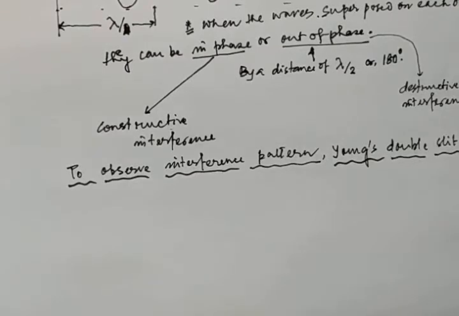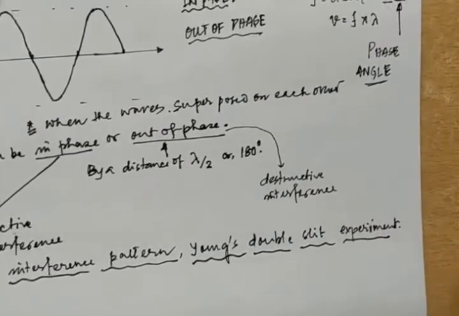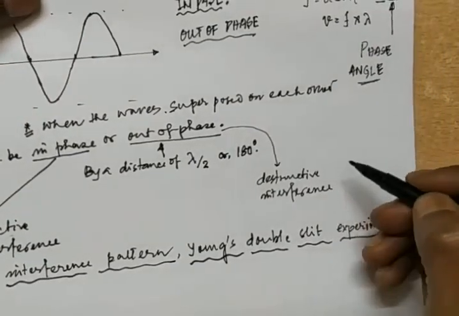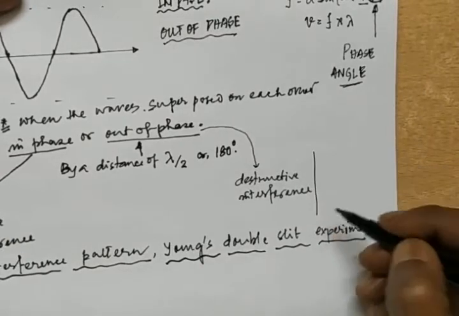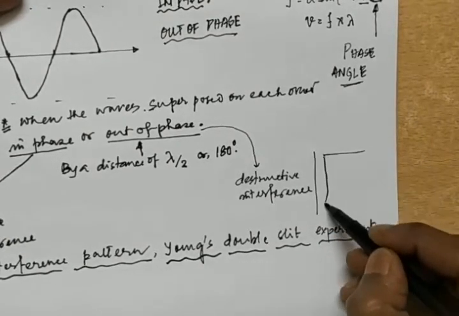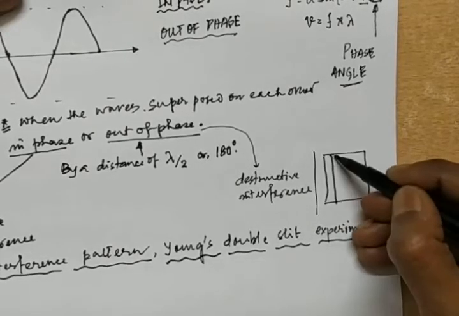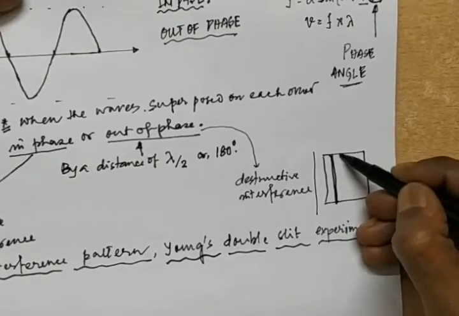So when a monochromatic source of light is allowed to pass through a narrow slit, then a typical pattern is obtained on the screen. See how that pattern looks. So the interference pattern on the screen is like this. This is the screen. I am assuming this is the screen, and the patterns obtained are like this.